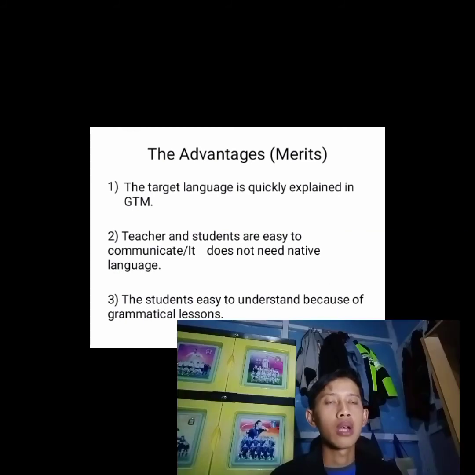Okay, now I will explain about merits or advantages. 1. The target language is quickly explained in the grammar translation method. Translation is the easiest way of explaining meanings of words and phrases from one language into another.